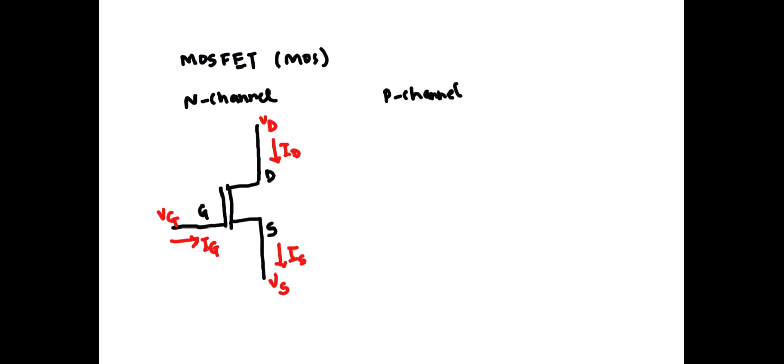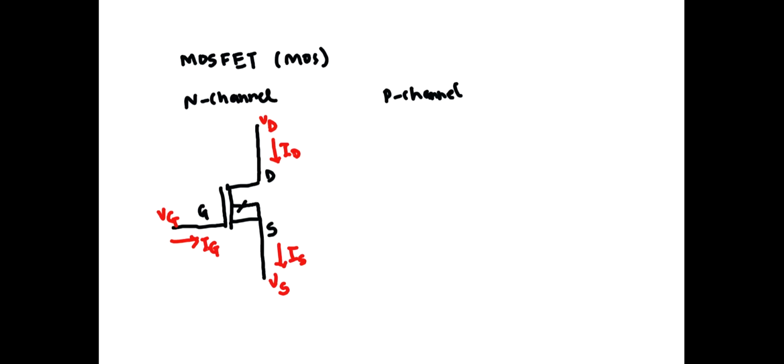And the important part here is to understand there is a fourth terminal or fourth pin to the MOSFET also. So it is also called a four-terminal MOSFET, and the body is the fourth pin.